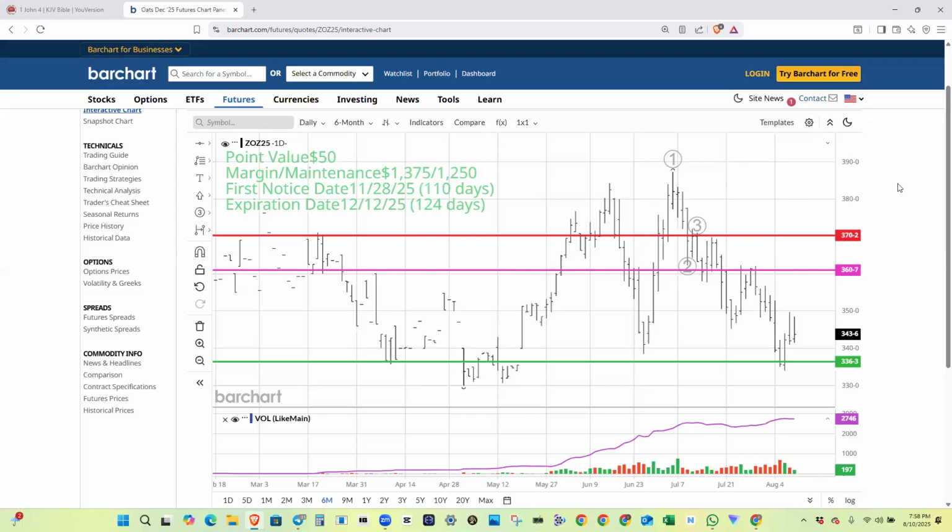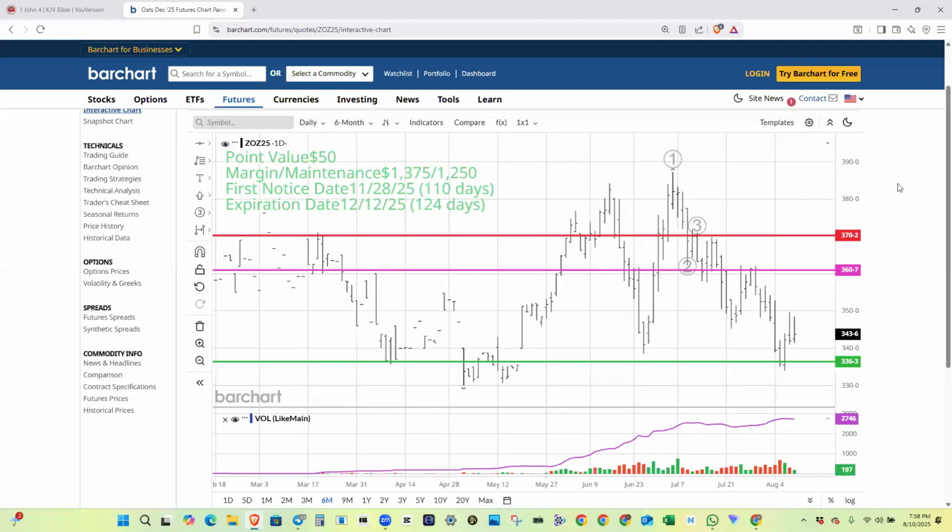Yeah. Okay. But the difference in futures is, and this is something that we may have covered, or we will cover in the future, the leverage that you're using.